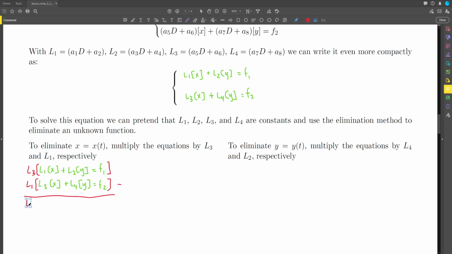We have L3 acting on L2, which acts on y, and then minus L1 acting on L4, which acts on y, and then on the right hand side we have L3 acting on F1, and then minus L1 acting on F2.